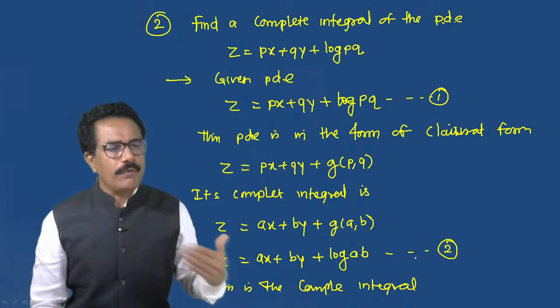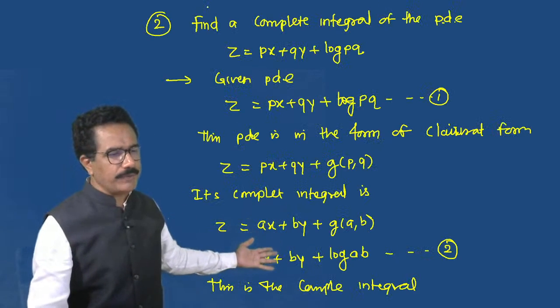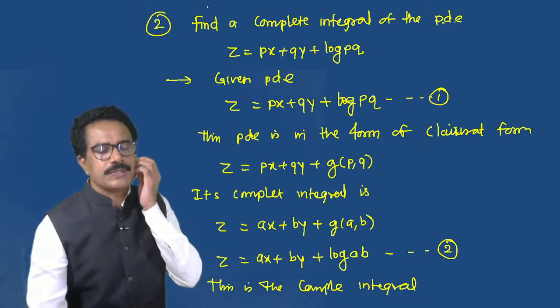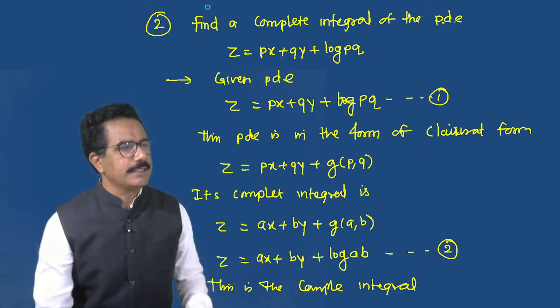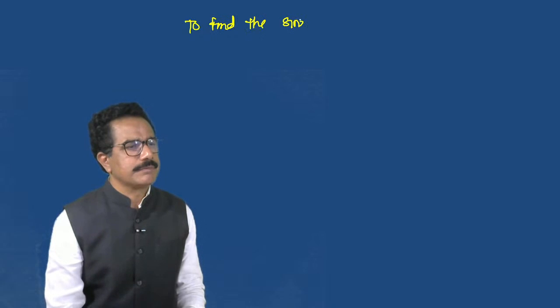Okay, so how can we write the singular integral of this? We can write the singular integral in this way. Differentiate equation 2 with respect to x and with respect to y, so this is from equations 1 and 2, to find the singular integral.